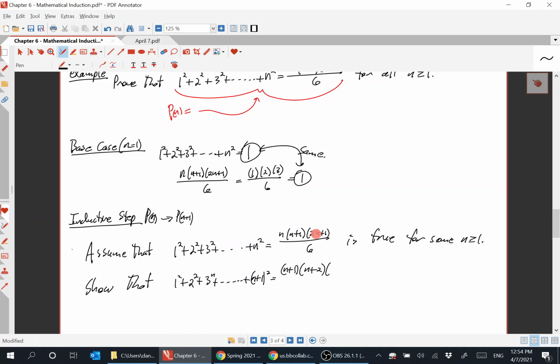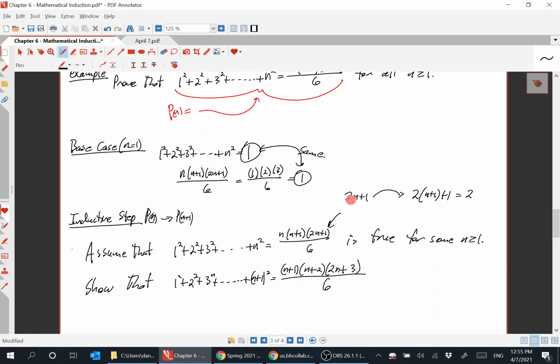So this is 2n plus 1, and we're going to replace n with n plus 1. So it looks like that, which is what? 2 times n plus 1 plus 1. Gotta distribute the 2 here. 2n plus 3.